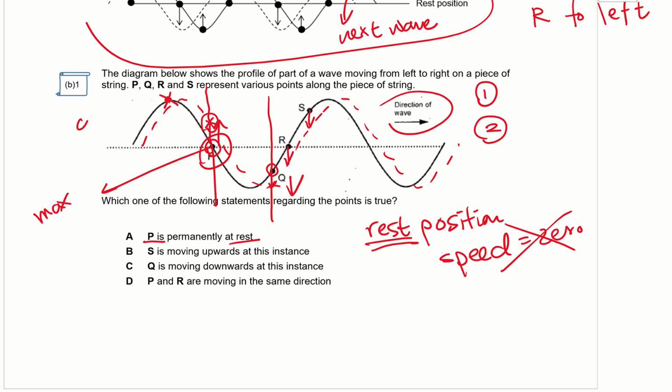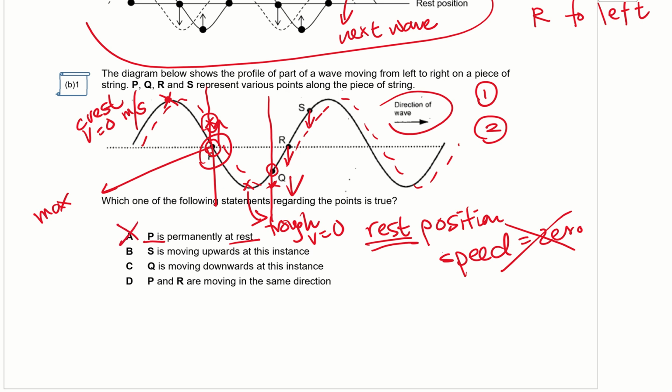The crest, we have V equals to 0, the speed is 0, because it's already at the highest point. Okay, so it has already stopped. Another position is at the trough. So all those points or all those particles at the crest and trough, their speed will be 0. Okay, so P is permanently at rest.